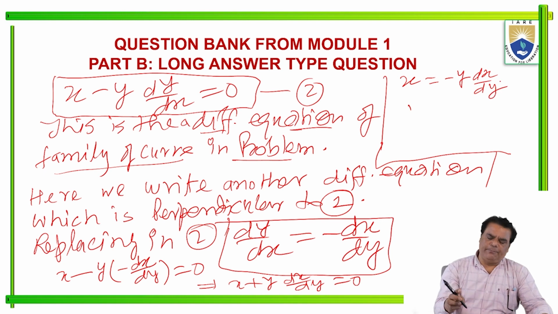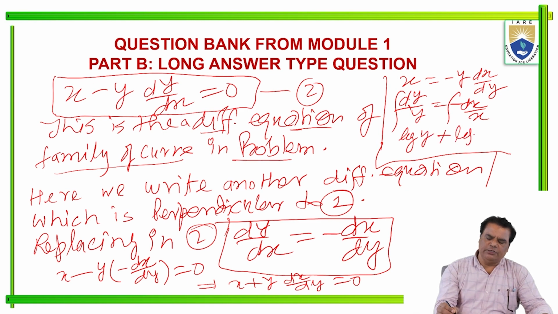Now variables are separate here, so writing dy upon y equal to minus dx upon x. Integrating on both sides, this is log y plus log x equal to log c.